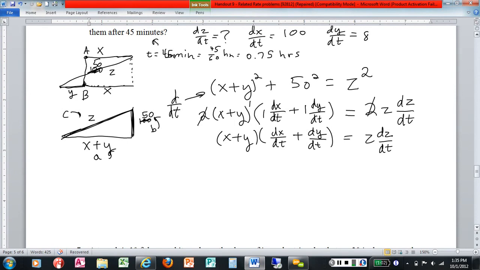Now what? Now we go back and do a little substituting. X and y being these distances, x is how far the A plane travels. Well, the rate of that plane was the 100. And the time, well, the time we said is 0.75 hours, so 100 times 0.75, that's going to be 75, isn't it? The y is how fast the B plane travels. Well, it's going 80.